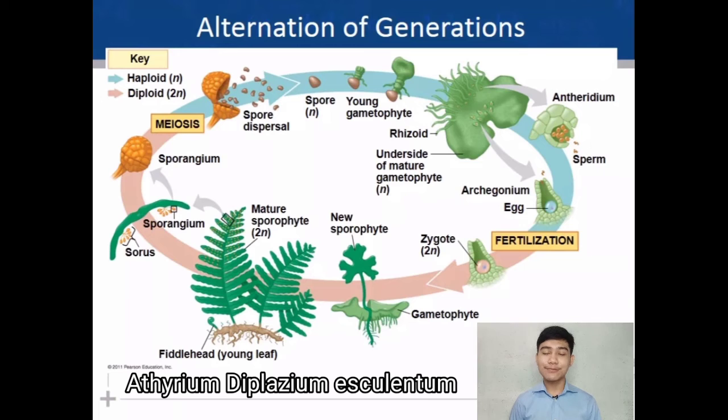A rhizoid is formed by multicellular haploid cells that embody the antheridium, which is the male part that releases sperm, and the archegonium, which is the female part that contains the egg cell. When the antheridium releases sperm, it will slide down to the archegonium, which is a hollow structure, and then fertilization occurs, forming a zygote with a complete number of chromosomes.